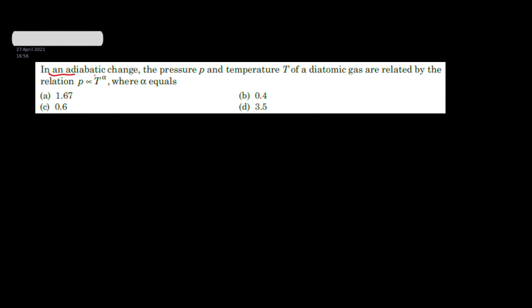In an adiabatic change, pressure P and temperature T of a diatomic gas are related by this relation. Resha, are you sure? I hope you are not guessing the answer. Okay, so we know which kind of process? Adiabatic process.